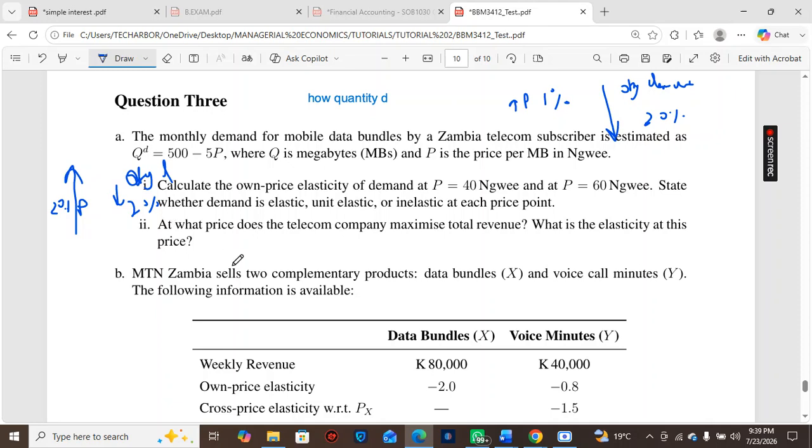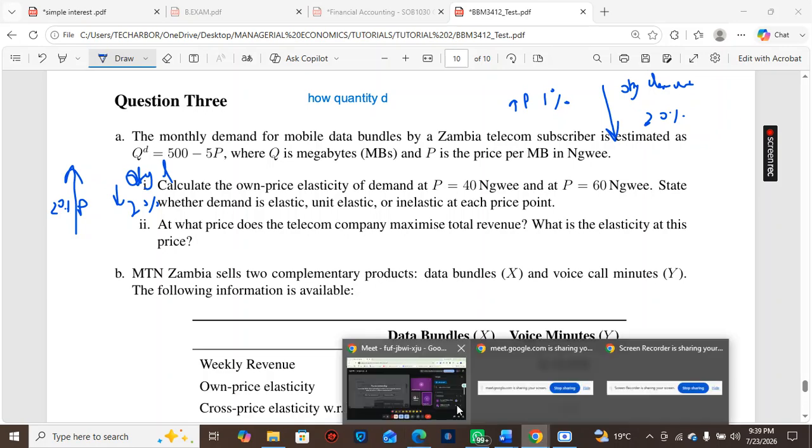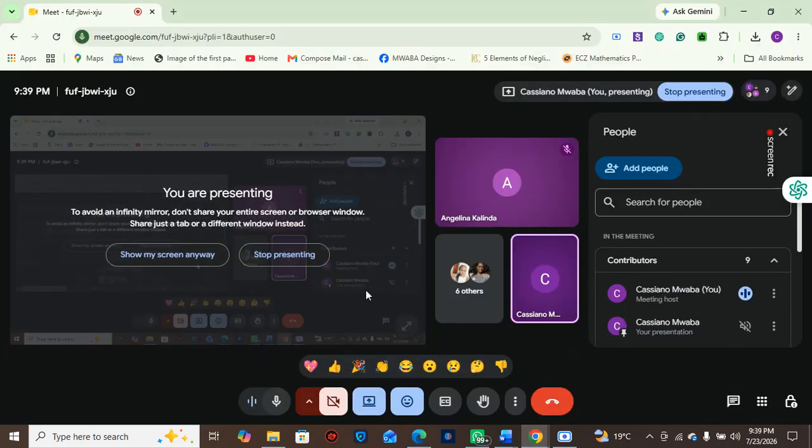Inelastic demand happens when a good is a necessity. For example, diabetes medicine: you need that medicine to survive, so if they increase the price, you can't stop buying it.